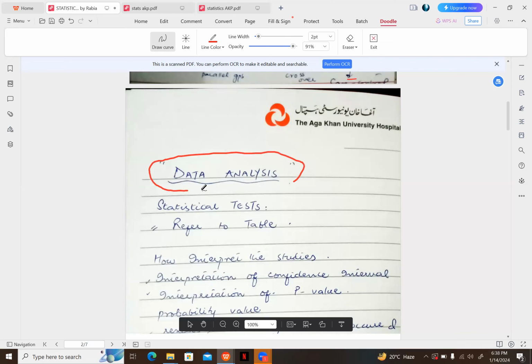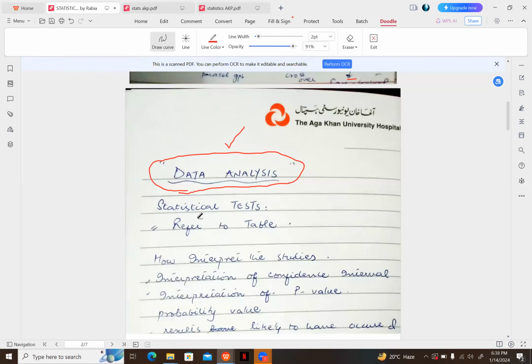This is the thing which you need to practice for your exam: how you analyze the data. How can you say that this intervention has a certain association with the disease, either a positive association or a negative association, or a risk factor? If there is a risk factor, either it is causing a disease or it is not a risk factor of the disease.